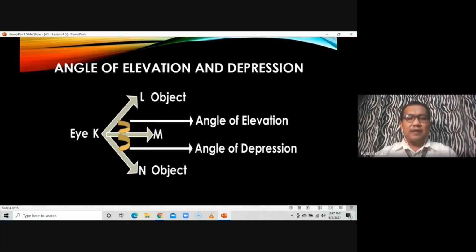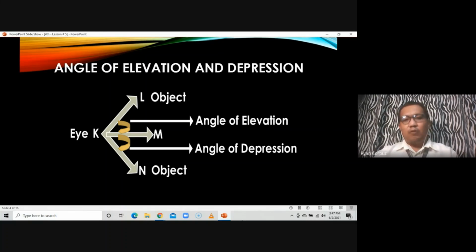So we gave examples on how we solve problems which involve angle of elevation and angle of depression. Solving those problems will also help us solve real life problems which involve right triangles using trigonometric ratios.